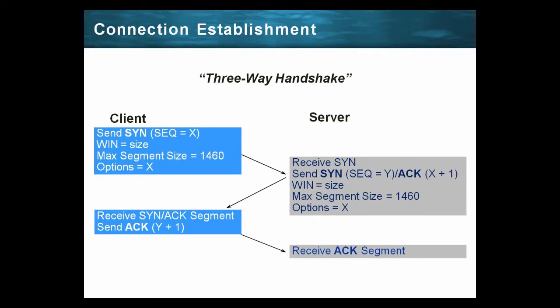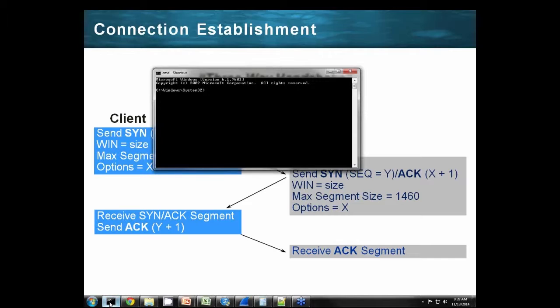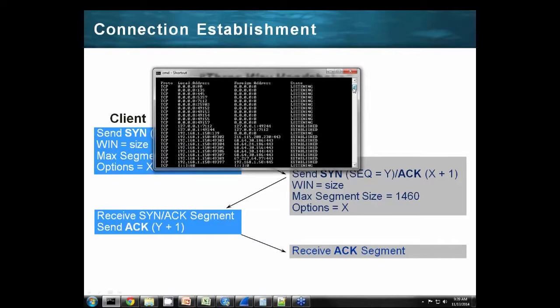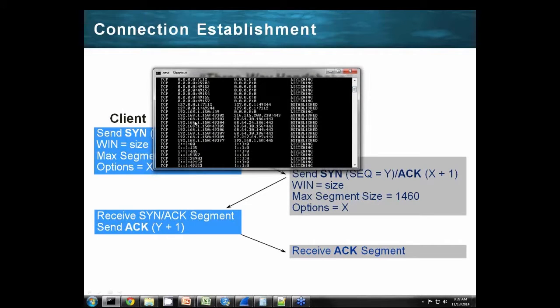And at that point in time, let me jump out here into my DOS prompt. At that point in time, the server and client both will put in their netstat table that socket circuit session based on IP address and port pairs that are in use for that conversation process.